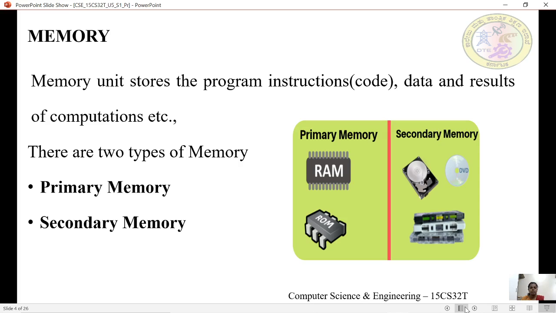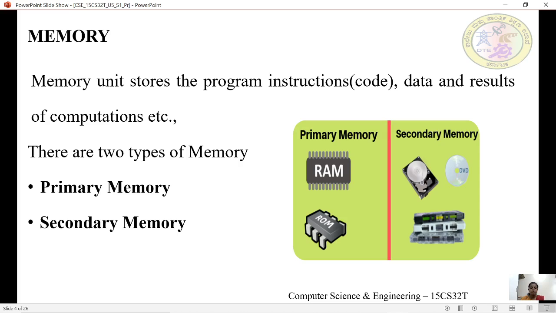The best examples for primary memory are ROM, that is read only memory, and RAM, that is random access memory. We can see the picture of primary memory here, RAM and ROM. The second one is secondary memory. Secondary memory is a permanent memory and it is made up of magnetic materials, and it is also called auxiliary memory or external memory.